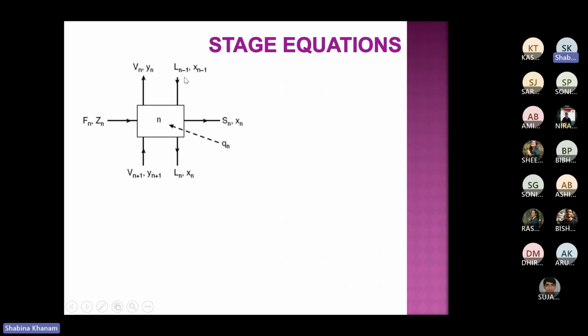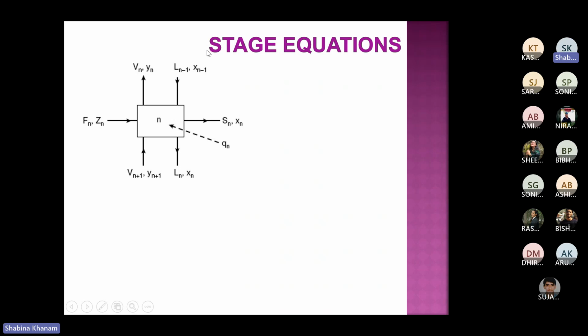Similarly, here I'm having L n minus 1 at x n minus 1. So L is the liquid flow which is exiting the upper plate and coming down to the present plate, and Ln is the exit from the present plate. And Qn is the heat which I am providing.